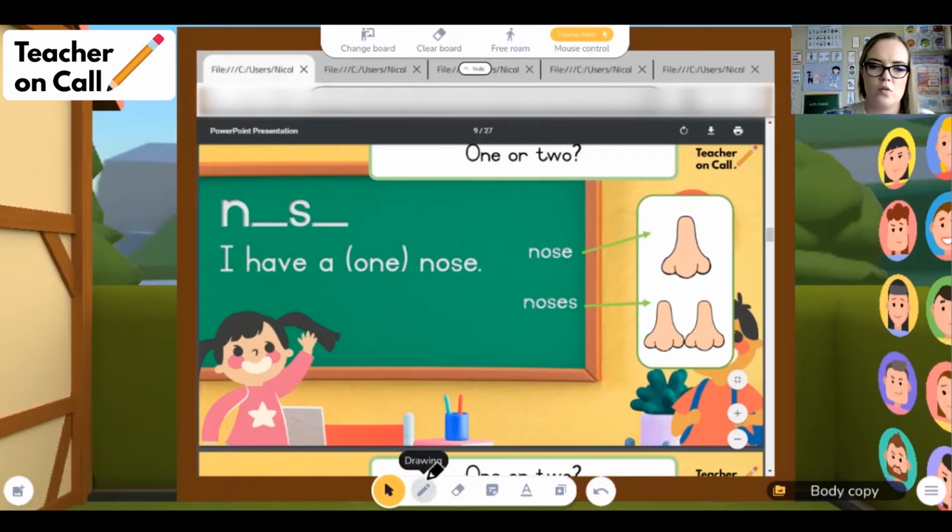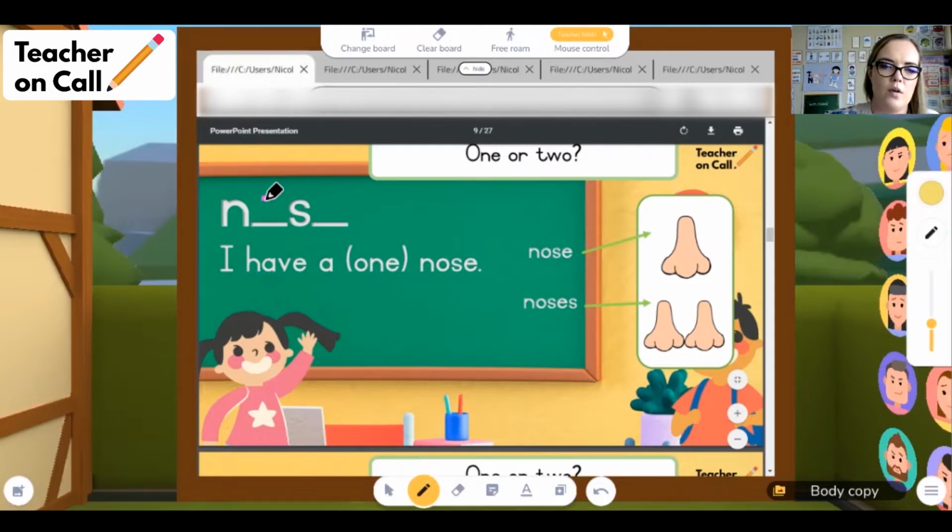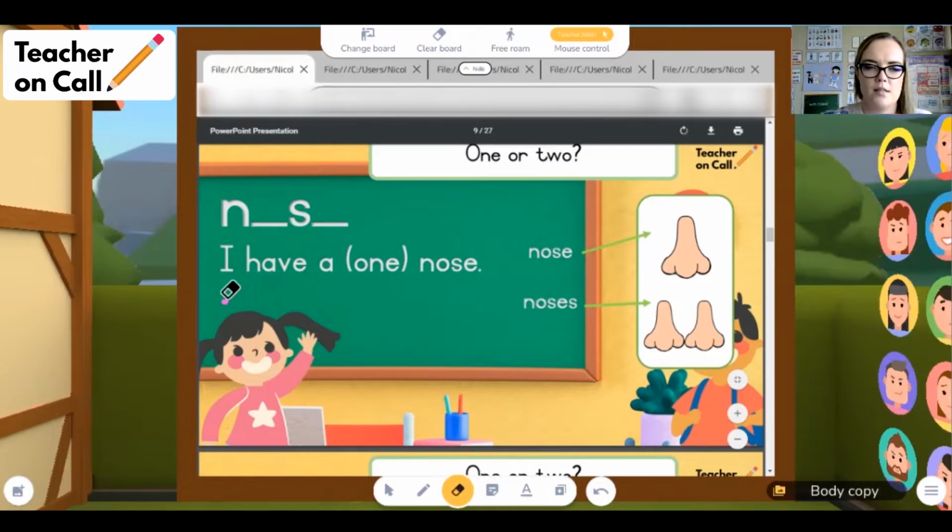On your worksheet, go and write nose. When you see sentences like this, please say the sentences out loud. You can always pause the video and say the sentence out loud so that you can hear how you are saying the words. I have a nose.